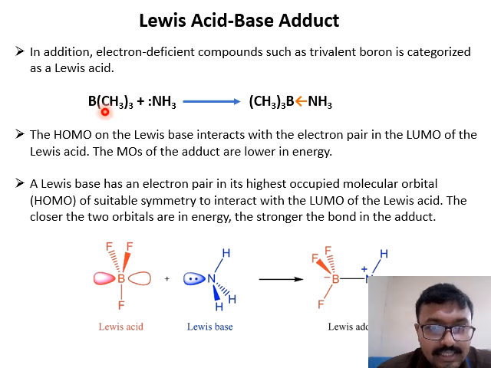Here B(CH3)3 is the Lewis acid. A Lewis base has an electron pair in its highest occupied molecular orbital, HOMO, and suitable symmetry to interact with the LUMO of the Lewis acid. In that way, this Lewis acid-base adduct is formed.